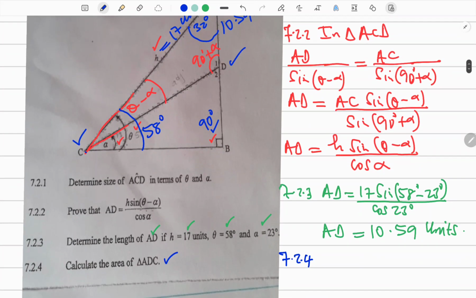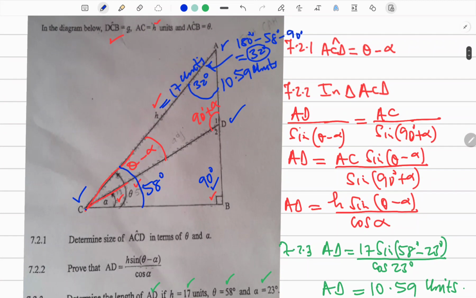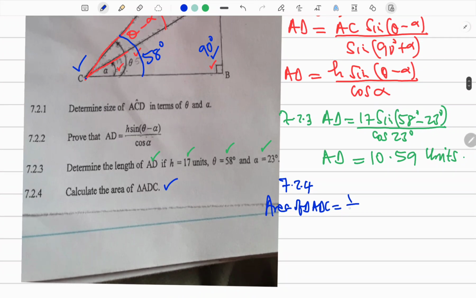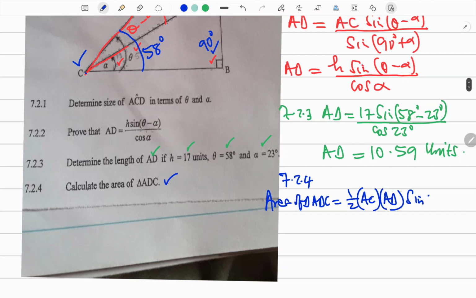So the area of the triangle ADC is one half times AC times AD times the sine of 32 degrees.